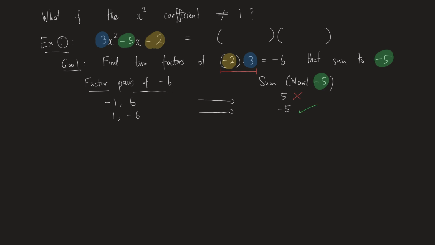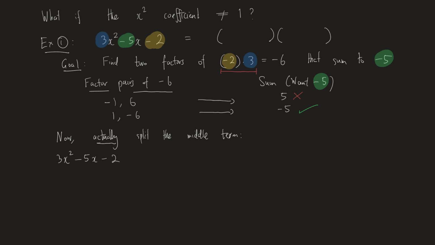Now, previously, we'd be basically done. We would just sort of shove those numbers into our linear factors. But here, we actually need to split the middle, that middle term. Okay, I want to show you what happens when we do that. So actually split the middle term, because we'll have to get our hands dirty and actually do a little bit of factoring. So our quadratic is 3x squared minus 5x minus 2.